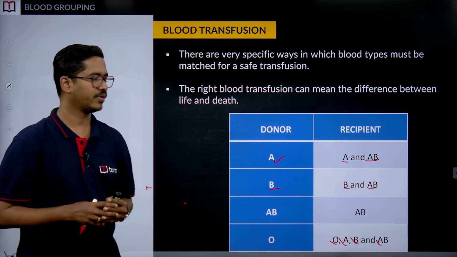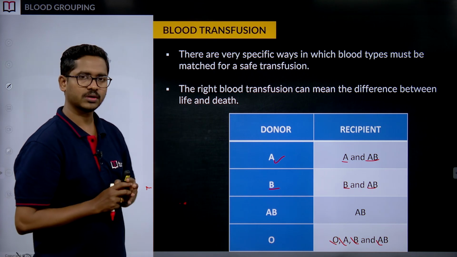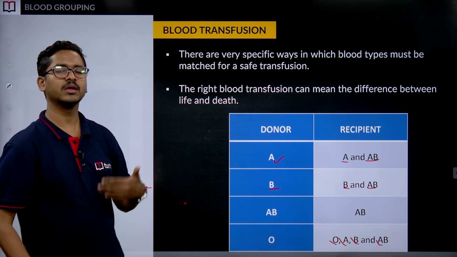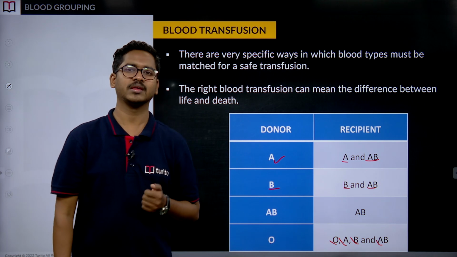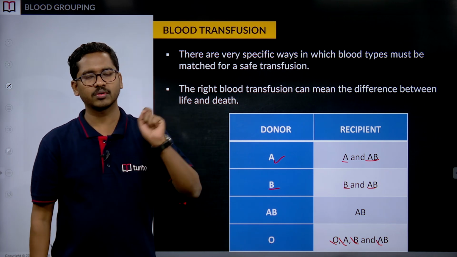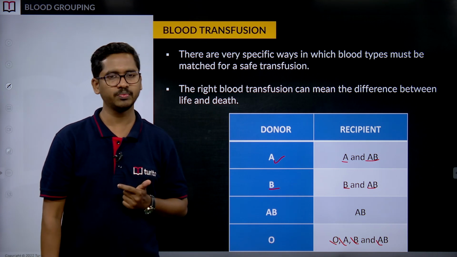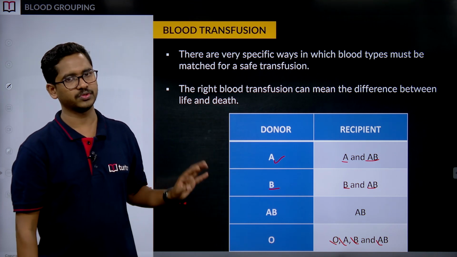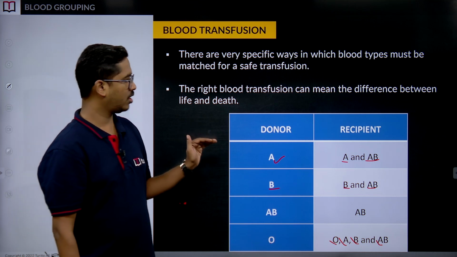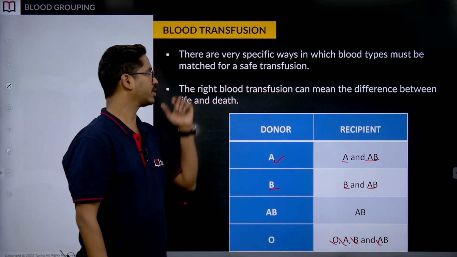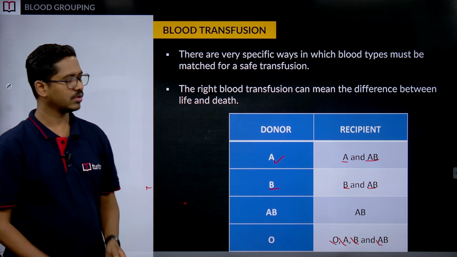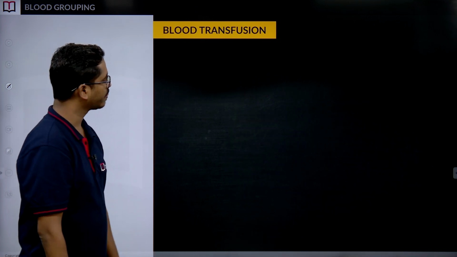So, I hope so far you understood the three concepts. So, first one was the ABO blood system, second is the presence or absence of the antigen on the surface of the blood groups, third one is blood transfusion. So, we still have a bit more in the very same topic, that is blood transfusion. So, let us have a look at it.